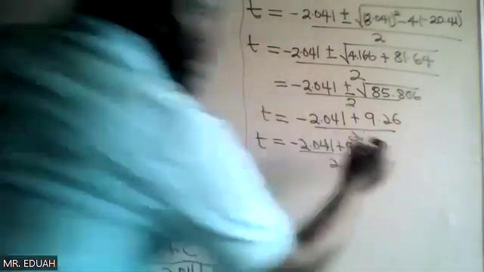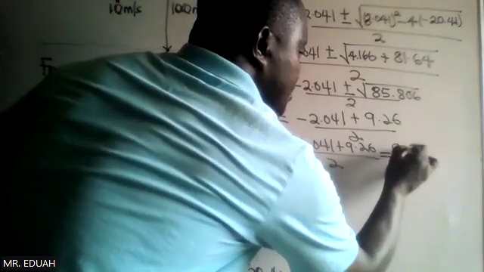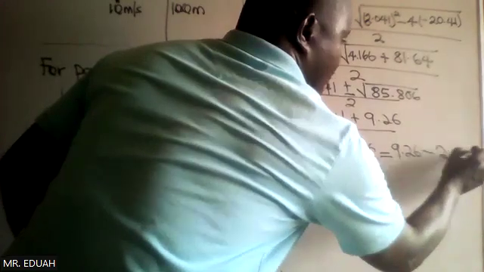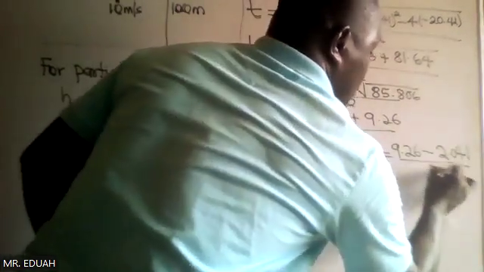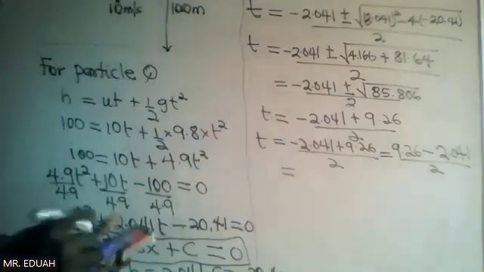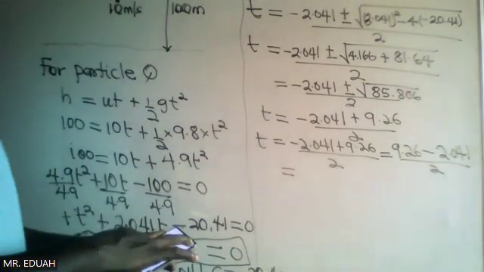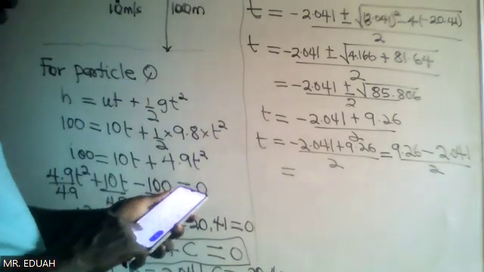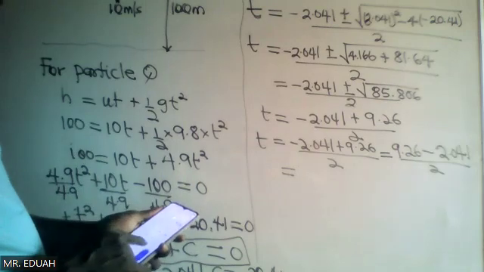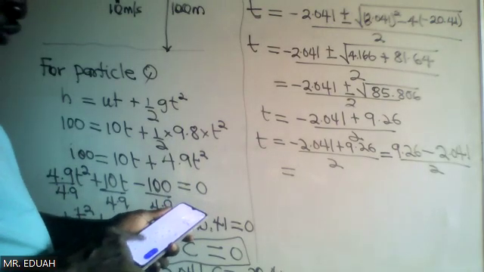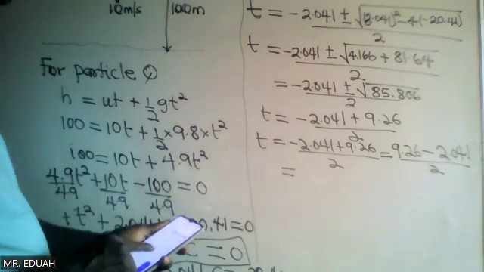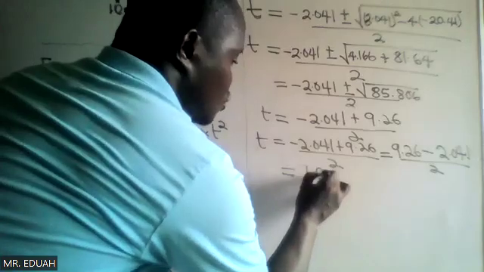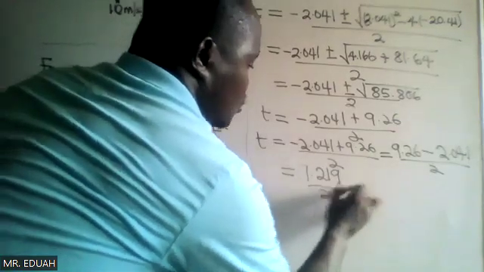So we have 9.26 minus 2.041 all divided by 2. Let's go through again. 9.26 minus 2.041 is 7.219, divided by 2.